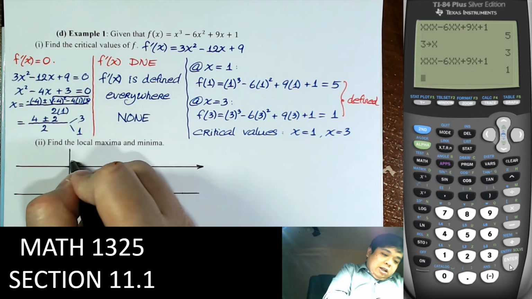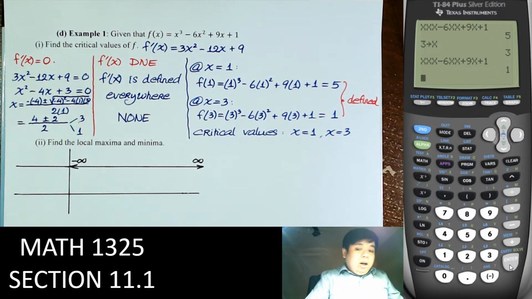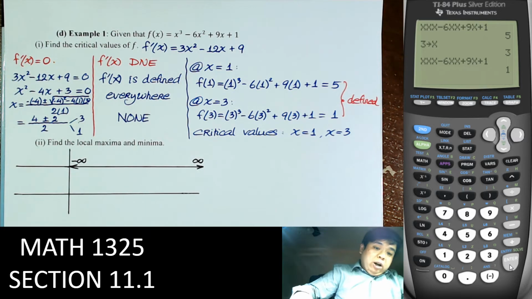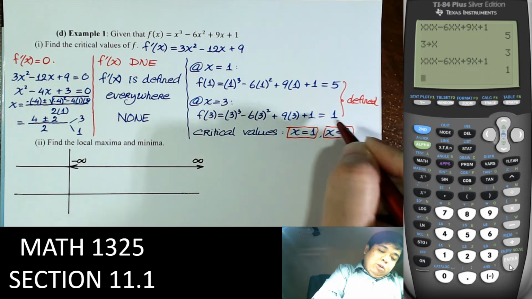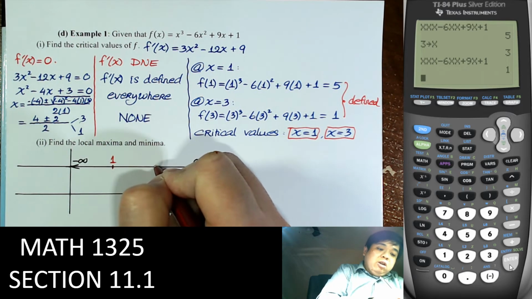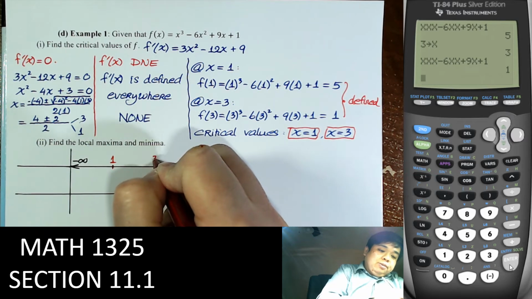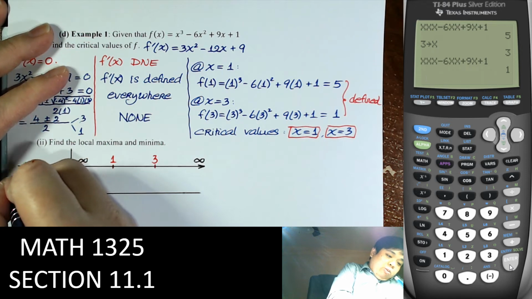Right, number line, because the first domain is all real numbers. Two critical values, 1 and 3. If we just want the sign chart, we only need partition numbers, but on this one we do need critical values. You'll see it when we get there.